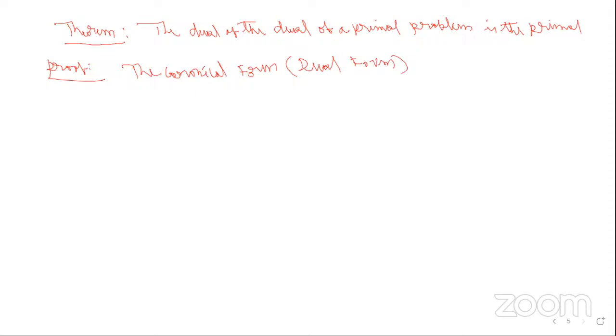So minimum zx equal to cx, subject to constraints, STC means subject to constraints.